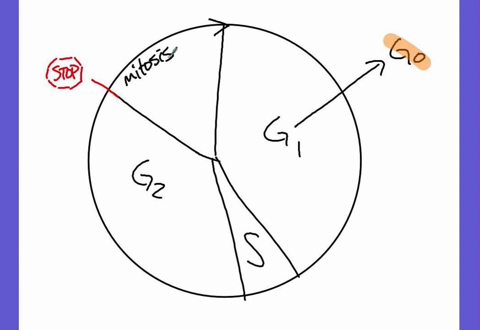You have to make sure that that DNA has been copied accurately. You have to make sure that that new cell is going to have all the things that it needs. Because you might have the mitochondria to power one cell, but you might need to make some new ones to power your new cell. So lots of things have to take place before the cell can divide, and there's this important checkpoint at the end of G2 to make sure that those things happen. If they don't happen, those two new cells may or may not survive.